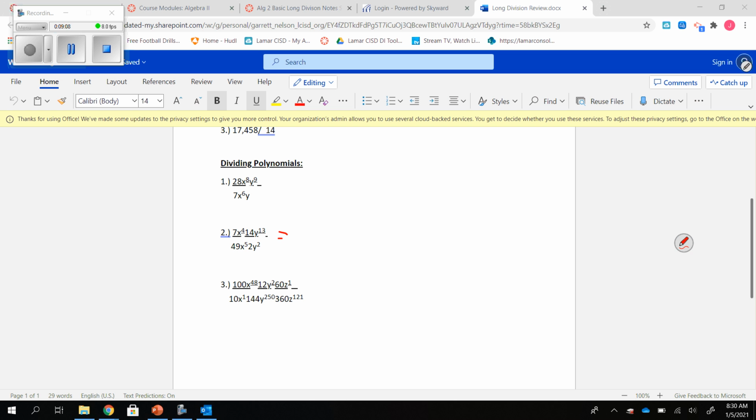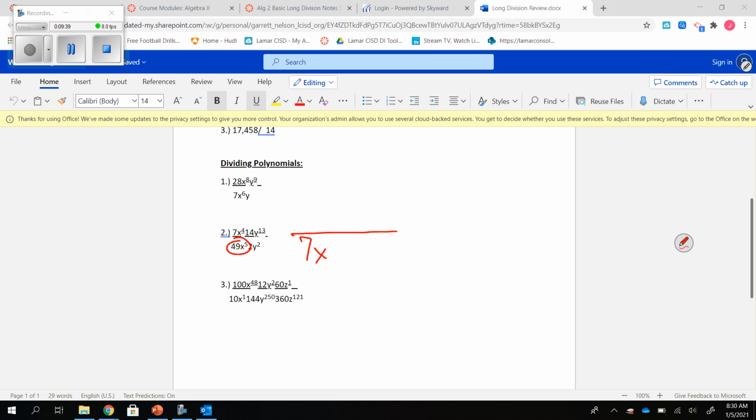We're looking at 7x to the 4th over 49x to the 5th. So all that's left over, we see the bigger number is on the bottom. So we're going to do 49 divided by 7, which is 7. That comes down here. What is x to the 5th minus x to the 4th? That's x to the 1st, so we just leave it as 7x.